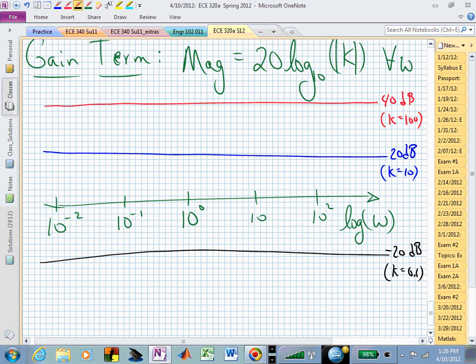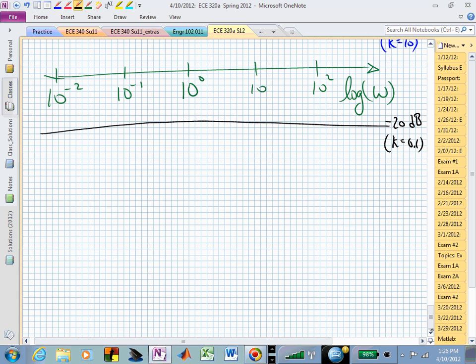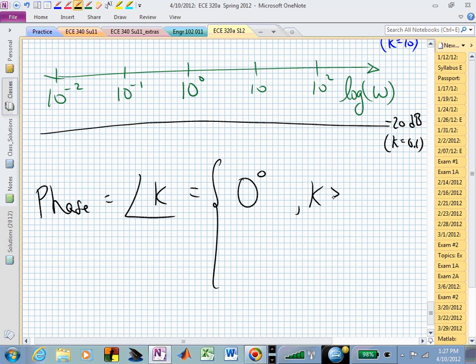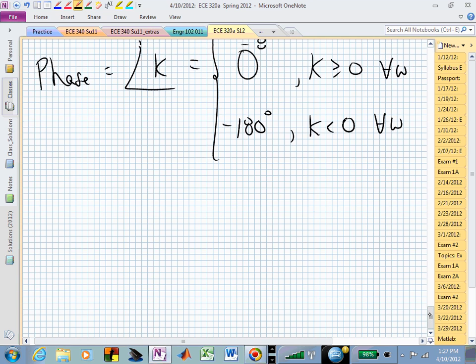All right, what's the phase of this K? That's simply the angle of K. In general terms, that's either 0 degrees if we have a non-negative K, and by convention, let's just agree for this class that if we have a negative K, we'll let the angle be minus 180 degrees, and that's true for all frequencies.